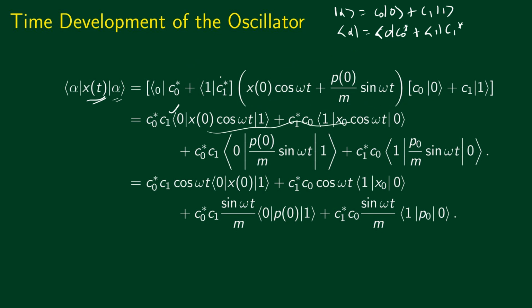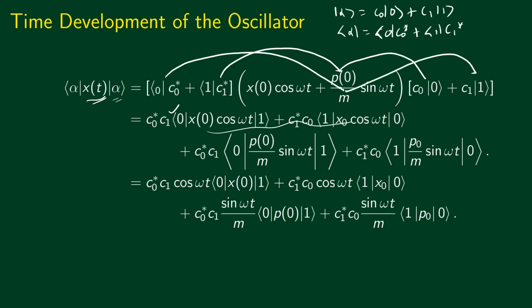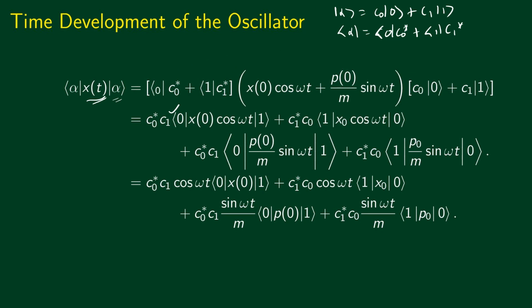Similarly, we also get two non-zero terms from here: bra 1 C1 star C0 ket 1, and bra 0 C0 star p of 0 divided by m sin omega t multiplying C1 ket 1. All these are the 4 terms that are non-zero. So here I have written down only the non-zero terms. Let me not go into the details of the steps. You can try this by yourself.